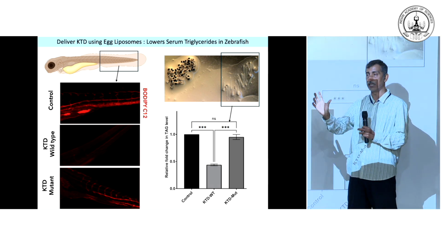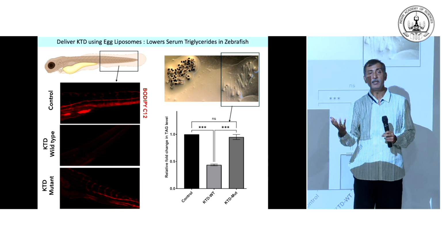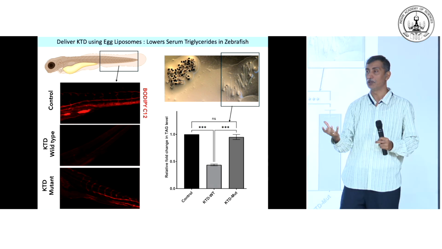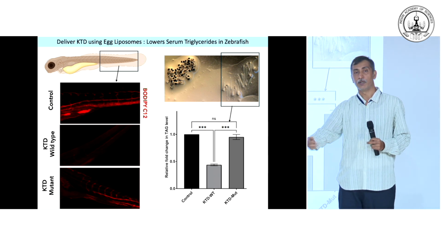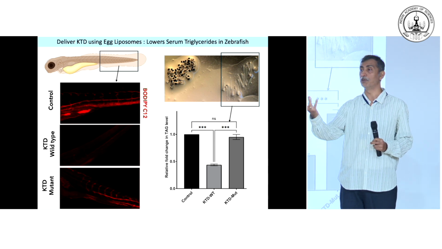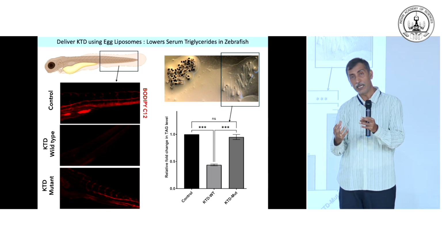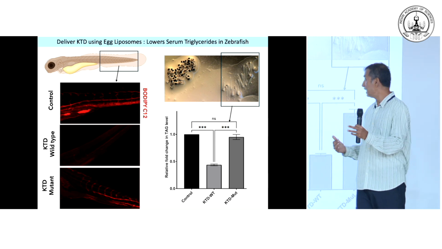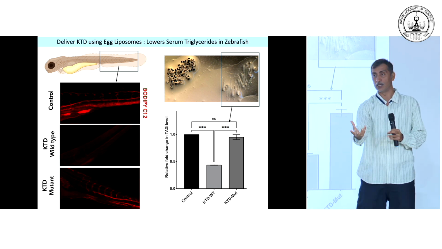So what we have done here is that we have taken a red lipid. It's a fatty acid chain, red lipid, think of it. And this is very interesting, some of you may want to use this: you can buy eggs from the market, and you mash up the eggs, and you do a centrifugation, you can make liposomes from eggs, which has all these phospholipids, everything you have. Now when you make these liposomes, we simply add some of this kinesin tail domain which I told you, and it gets incorporated into the liposomes.